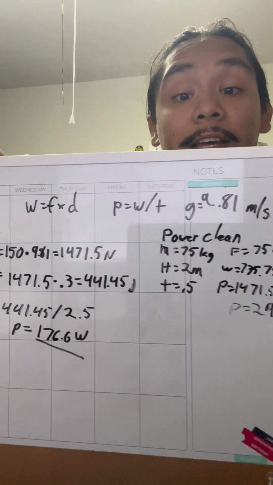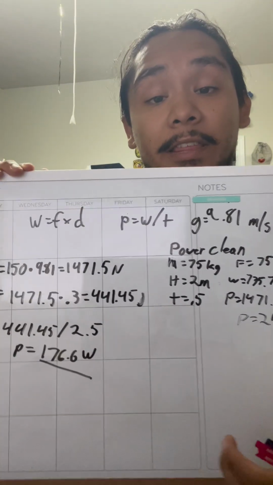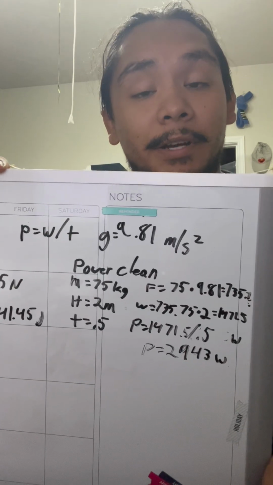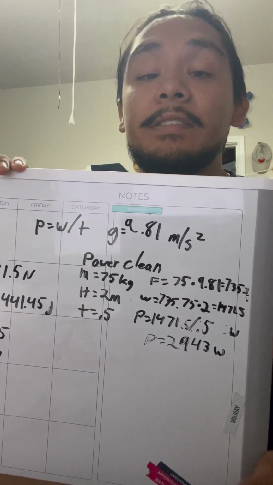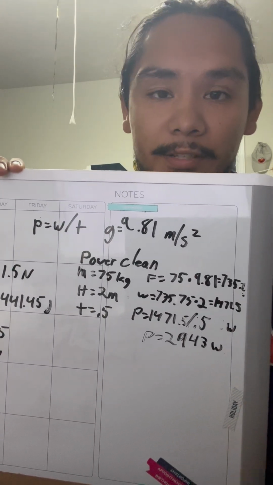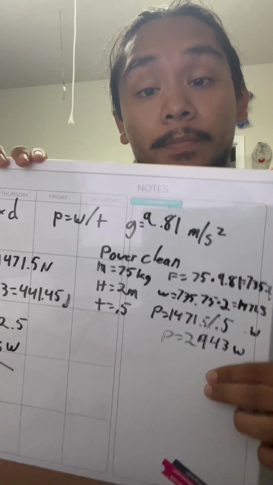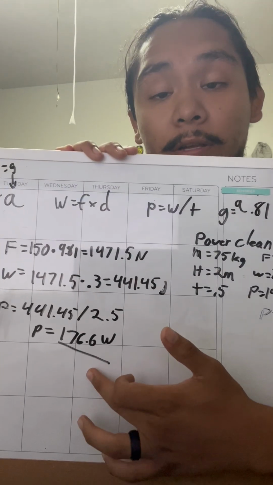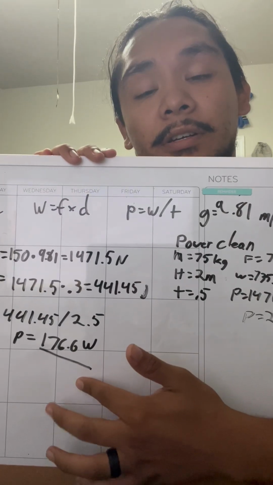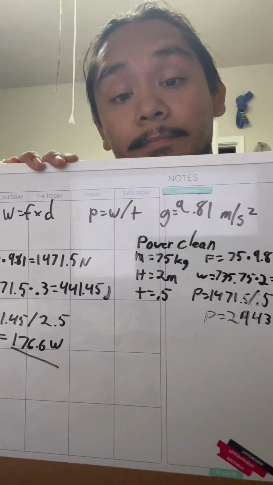I apologize, I've been saying power clean instead of snatch when this is a snatch. We can see that the snatch put out a lot more power than our deadlift.